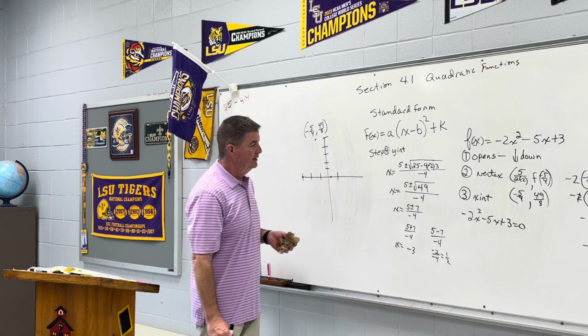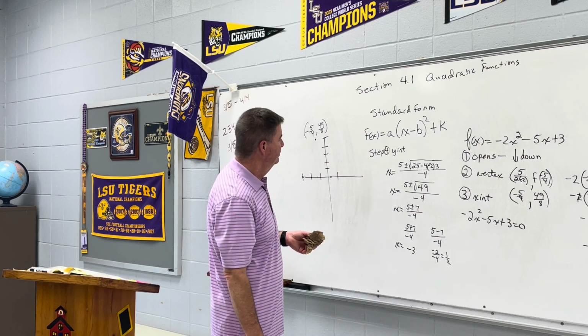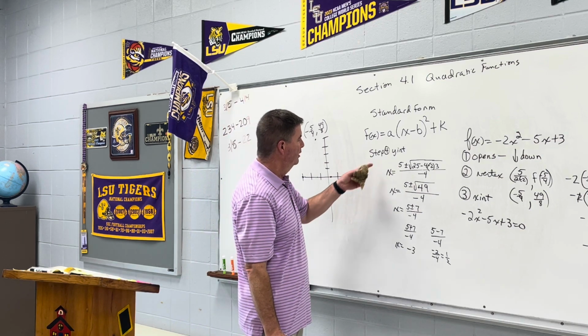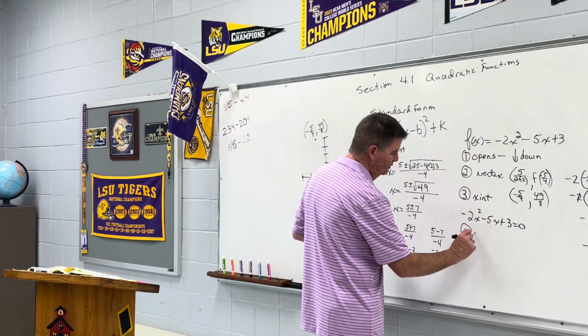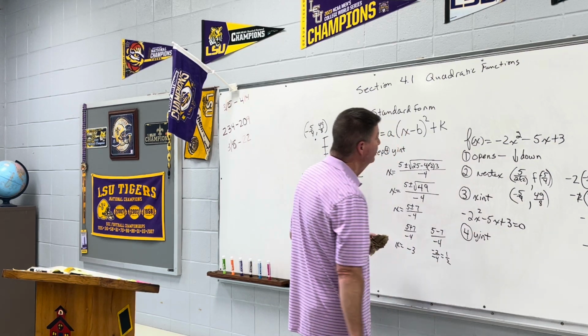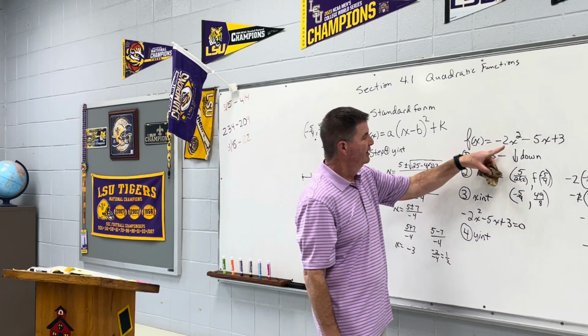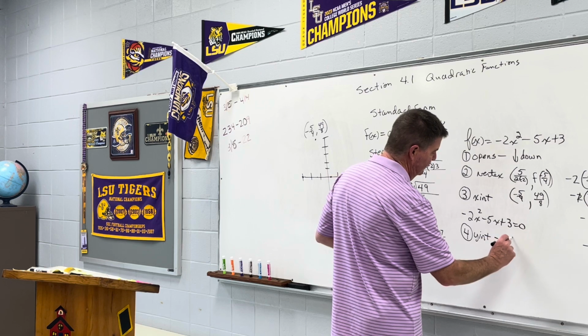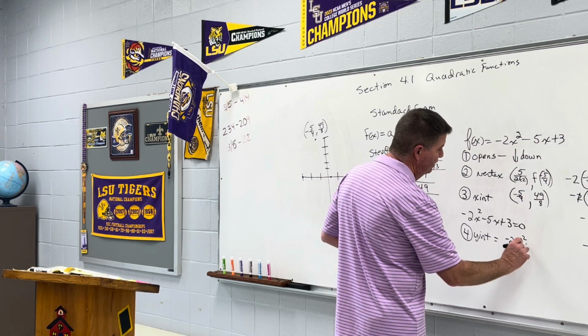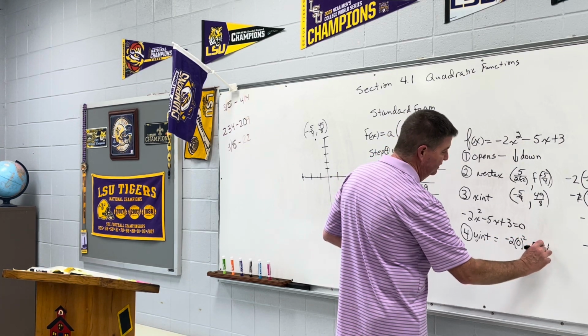And then finally, for step 4, which is the y-intercept, we're going to look at the equation and plug in zeros for our x's. I get negative 2 times 0 squared minus 5 times 0 plus 3.